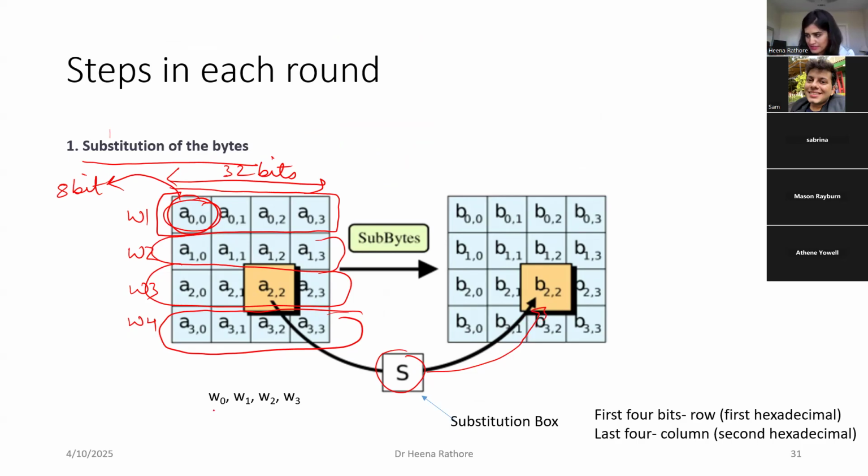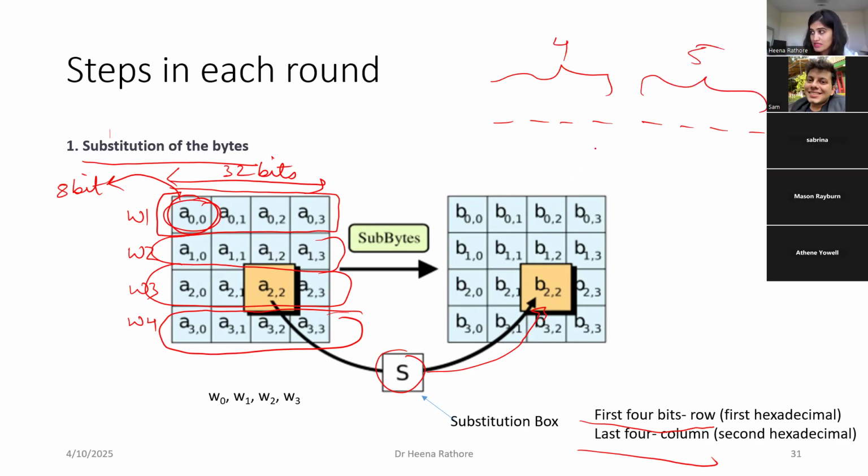The first 4 bits generally tell you the row and the last 4 bits tell you the column. So you will go to the S box and identify that specific position.